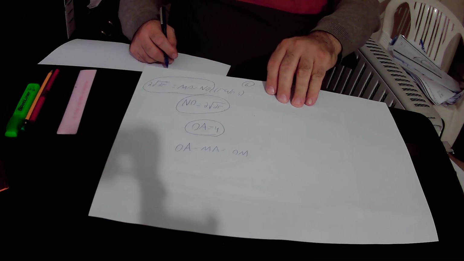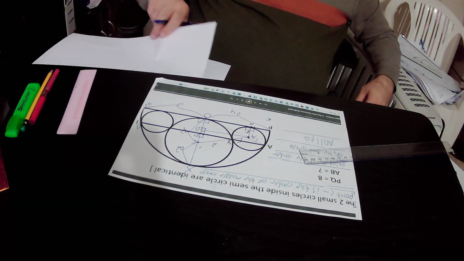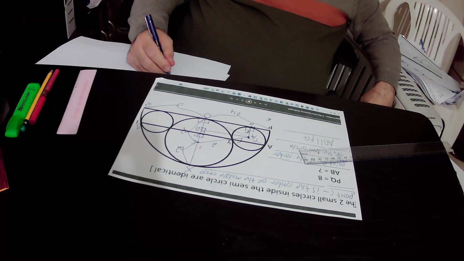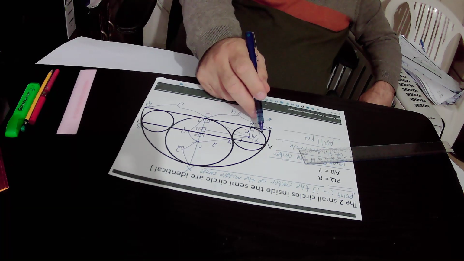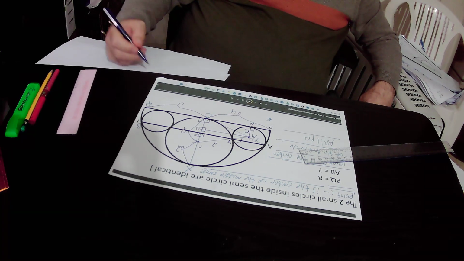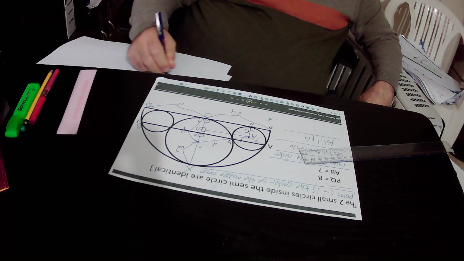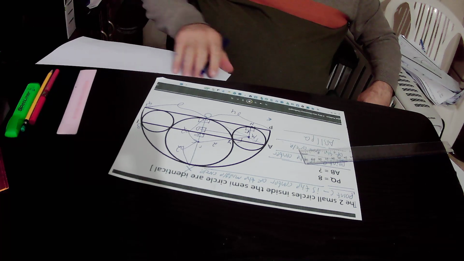OA minus MA equals OM. But we know that OA equals 4 units. It is the radius of the semicircle, and MA is the radius of the small circle. It equals R. So in total we found out that OM equals 4 minus R. Okay?